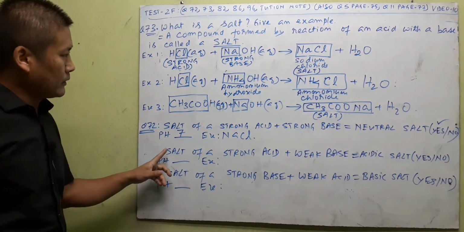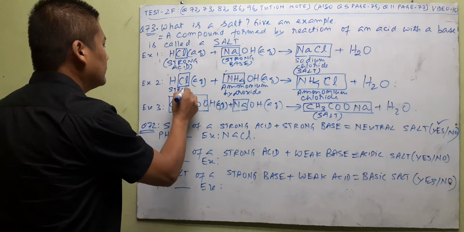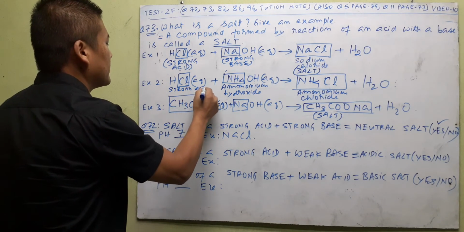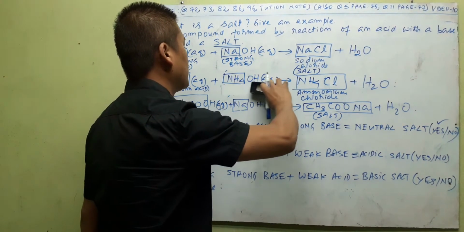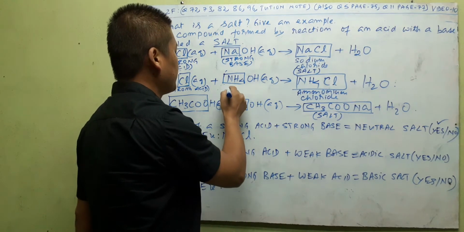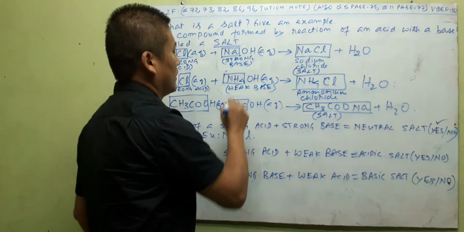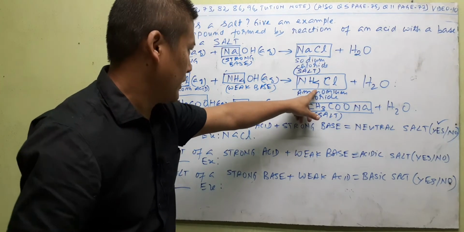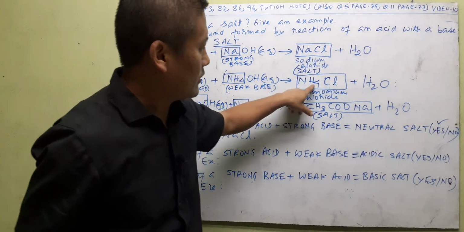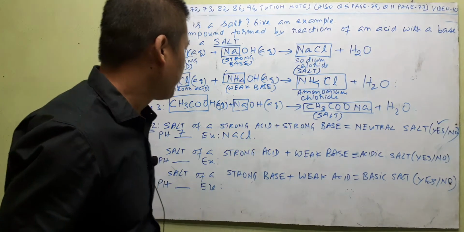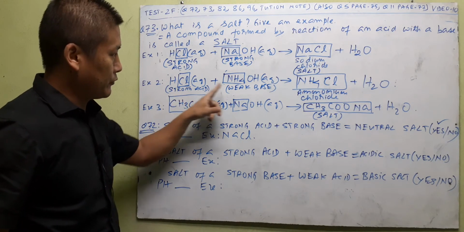Then next here, in question number 54, you'll find HCl is a strong acid. And go to question number 55 and you'll find ammonium hydroxide is an example of a weak base. So when a salt like ammonium chloride, NH4Cl, is formed from the reaction of a strong acid like HCl with a weak base, it is called an acidic salt.